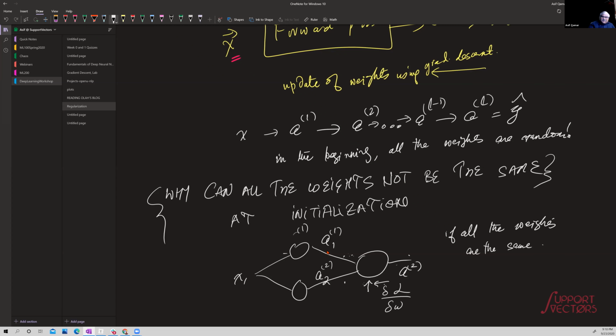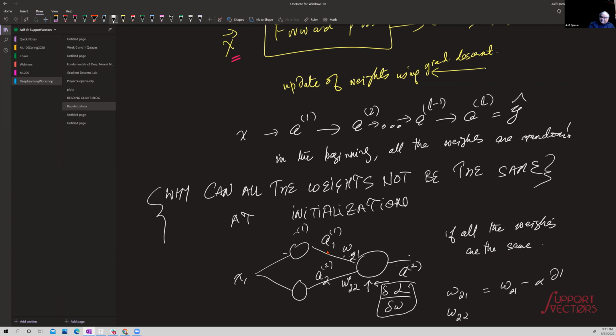Because the weights are the same, the gradient would be the same. So they would make the same step backwards. In the second layer, let me call them W21 and W22. They will make the same step.